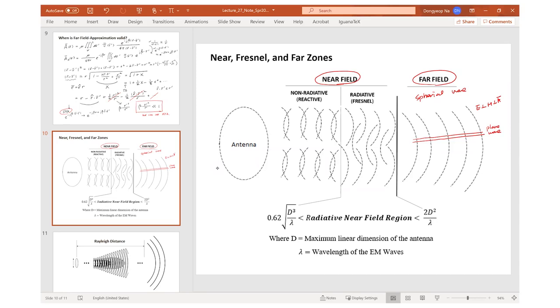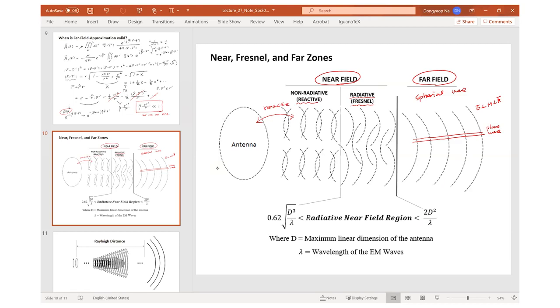And the near field can be further divided into two regions. One is the reactive near field. The other one is the radiative near field, which is also called the Fresnel region. The reactive near field is the region where the fields are almost non-radiated, but reactive, so that the energy is transferred back and forth between the source and the near field. So this is the reactive energy.